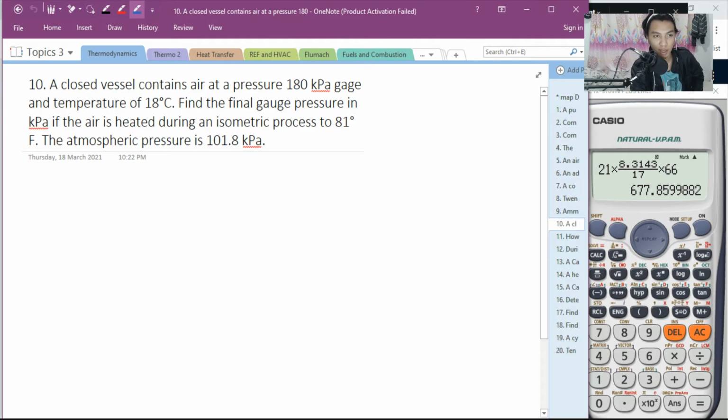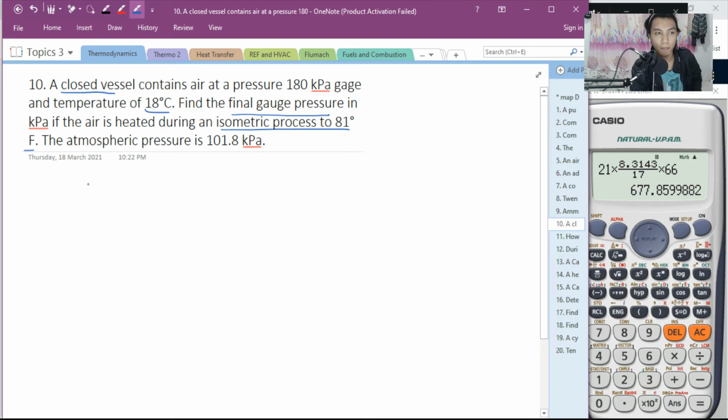A closed vessel contains air at a pressure of 180 kPa gauge and a temperature of 18 degrees Celsius. Find the final gauge pressure in kPa if the air is heated during an isometric process to 81 degrees Fahrenheit. The atmospheric pressure is 101.8 kPa.